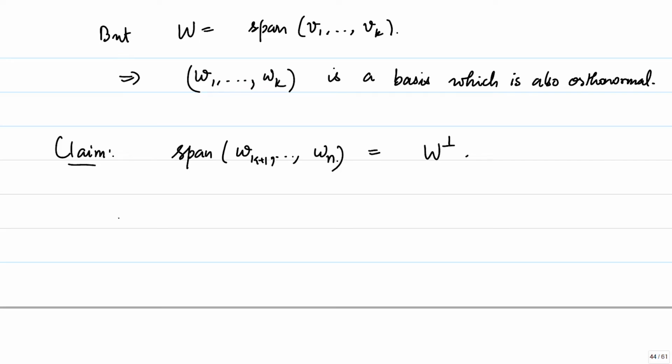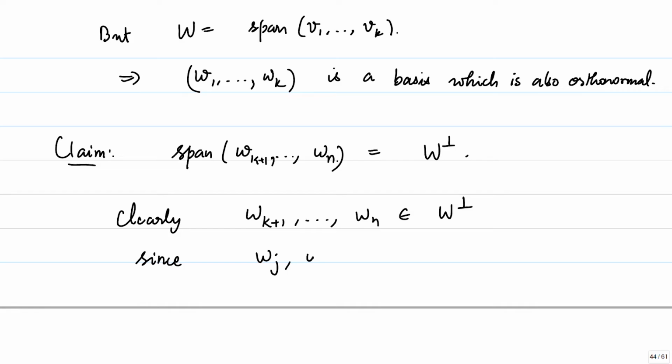So clearly, each of the vectors Wk plus 1 to Wn belongs to the orthogonal complement of W, since the inner product of Wj and Wi is equal to 0 for all i not equal to j.